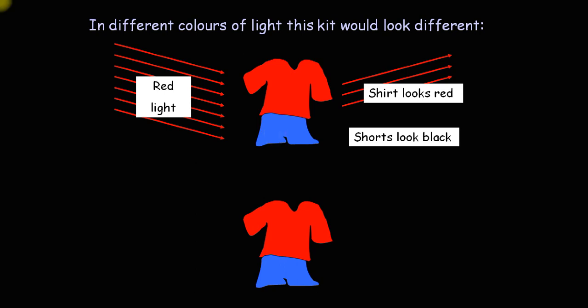It means if I use a red light on a differently colored object, the red light will be absorbed. So differently colored objects absorb light that is not related to their color, that does not have the same wavelength.